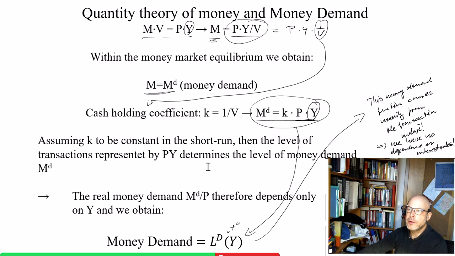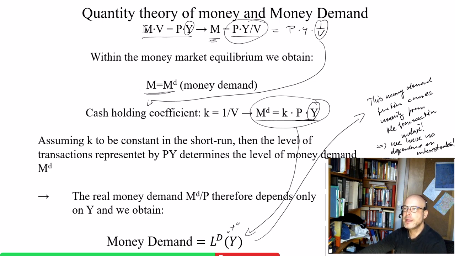And then we derived from this quantity theory of money a money demand function, which distinguishes from the money demand function which we derived from the different motives of money demand.